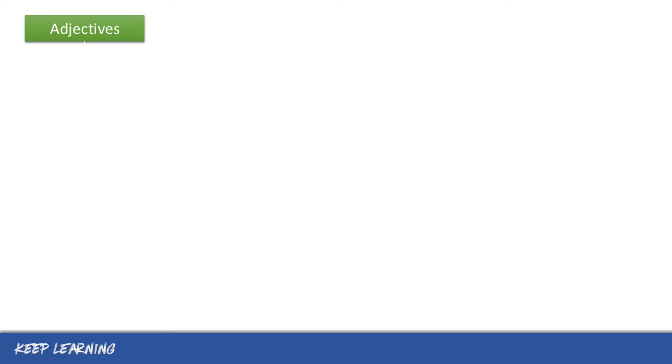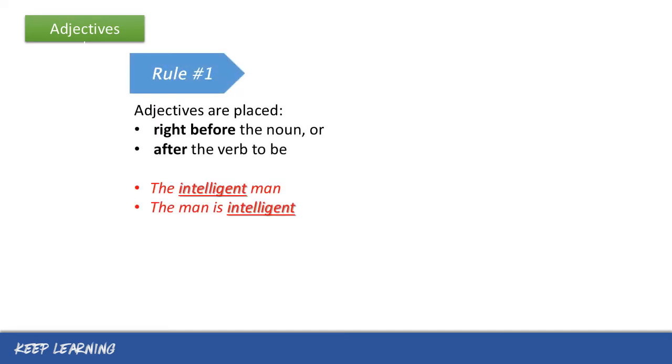Well, let's just review some basic things about adjectives. Number one about adjectives is that adjectives are placed right before the noun or after the verb to be. You know that in Spanish we can place the adjectives in two different positions, before or after.